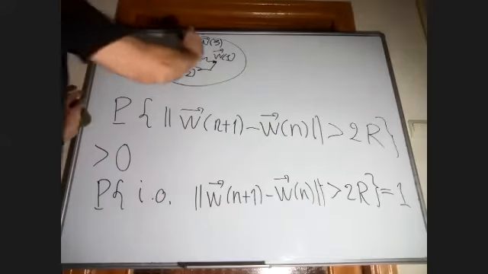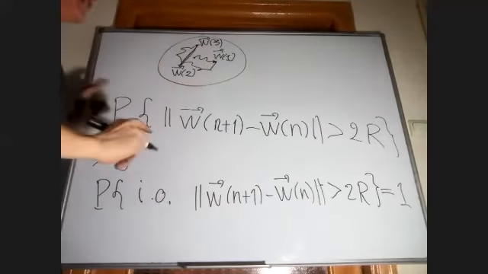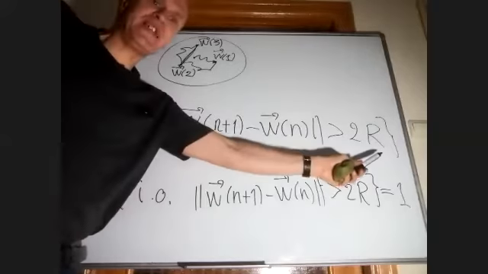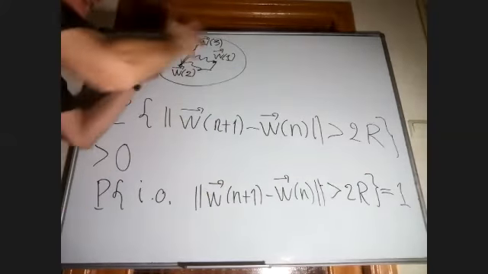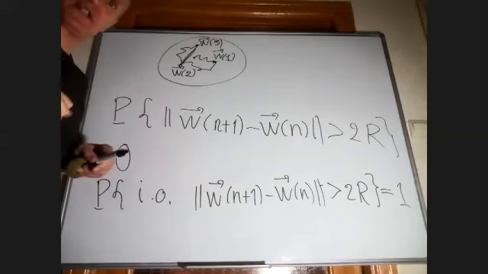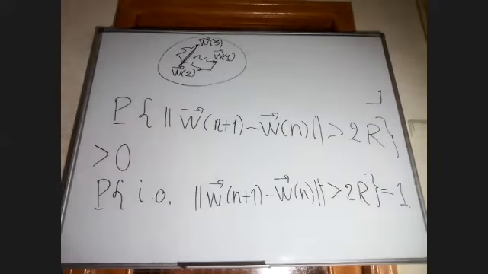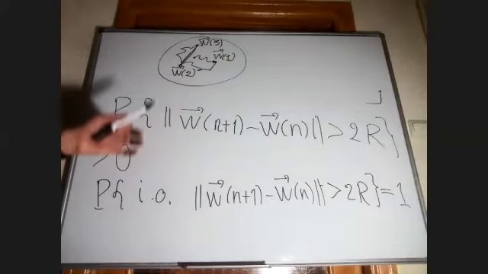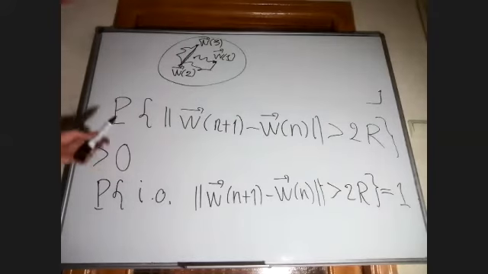The subsequent distances, like this one, are infinitely often bigger than the diameter of the ball. So we cannot stay outside all the time. This is the proof. So we understand now that with probability 1, we will hit the boundary.